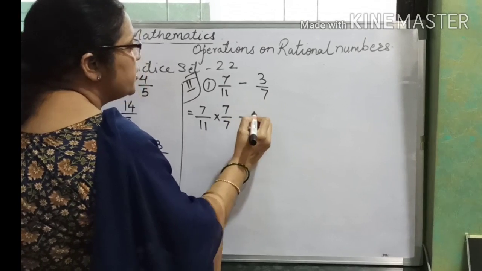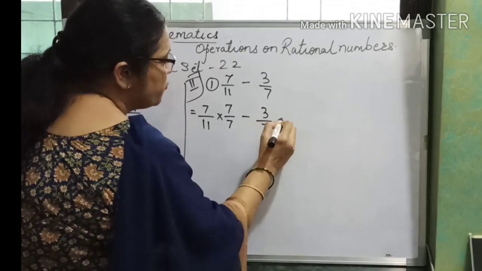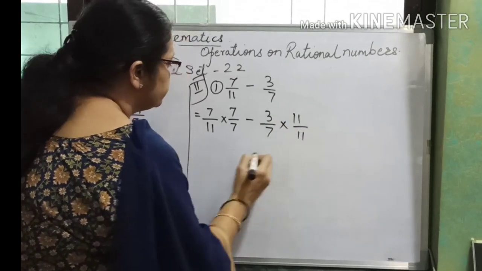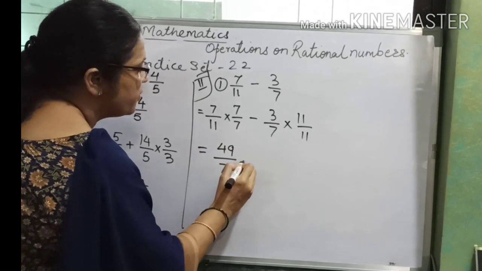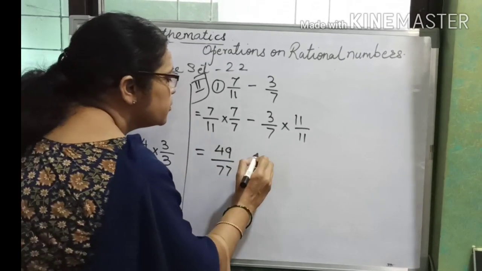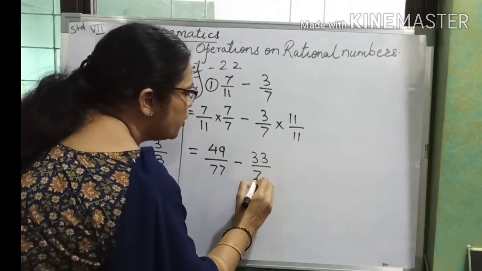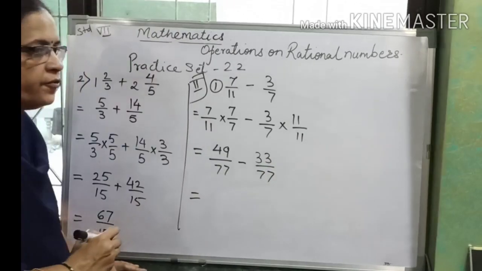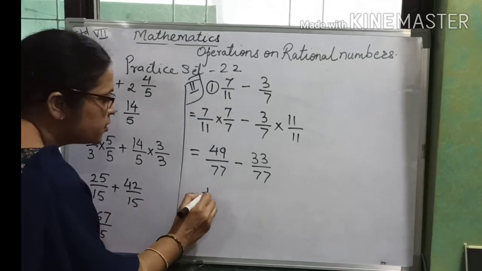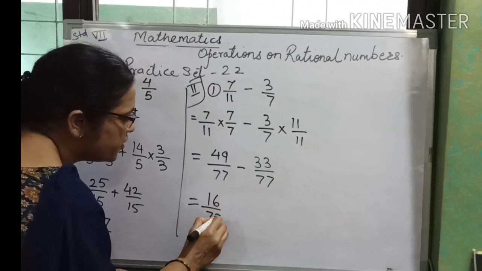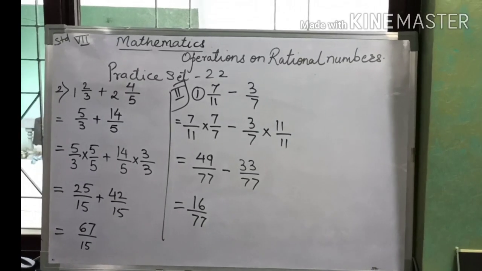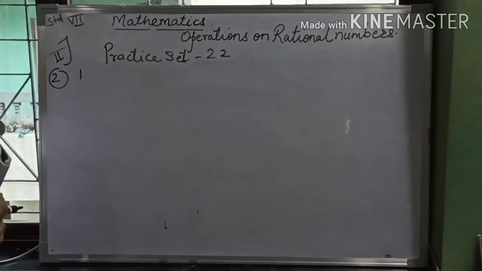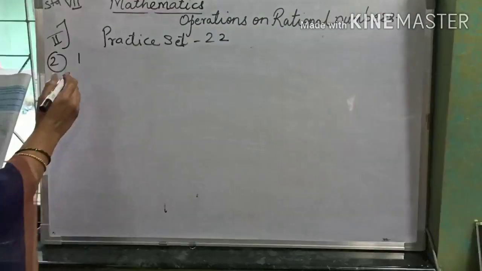Put the minus sign. 3 upon 7 you have to multiply by 11. So 49 upon 77 minus 33 upon 77. So after subtraction the answer comes 16 upon 77. We will solve the second sum.